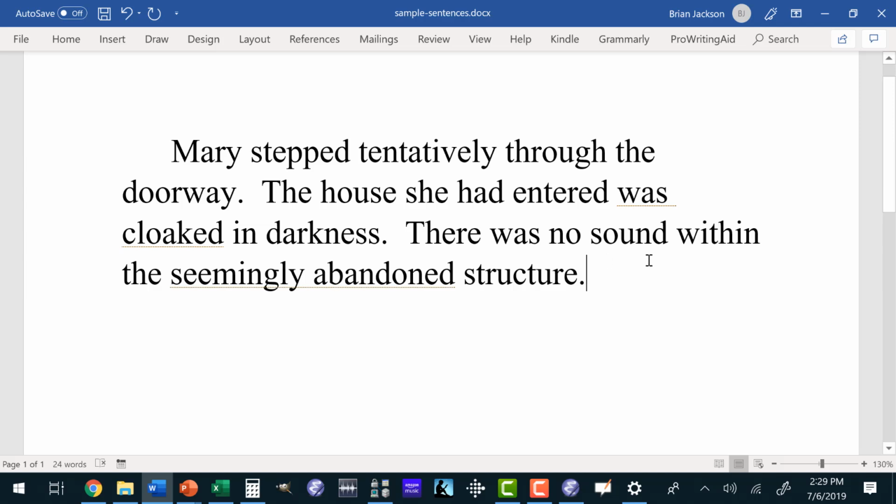And let's add another sentence. Now we're going to start a new paragraph. We haven't learned about paragraphs yet, but this is the first time that I'm going to hit enter, and that will create a new paragraph. Because she's going to say, hello? Is there anyone here?